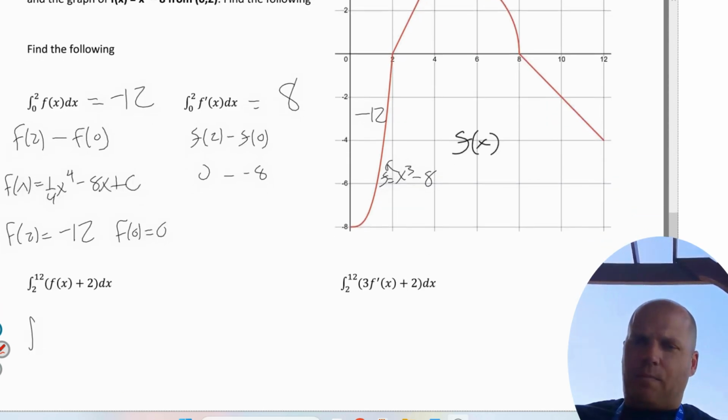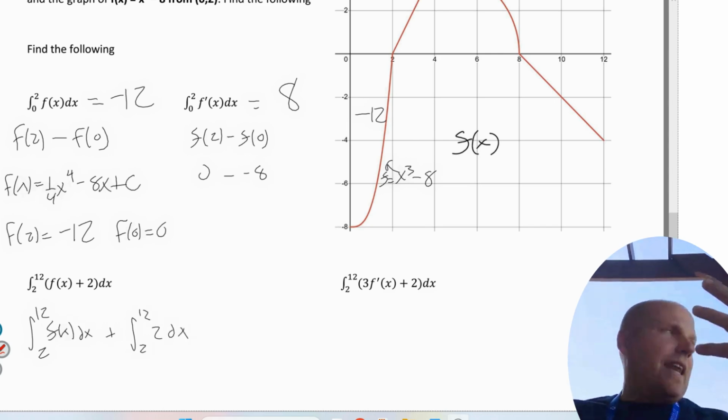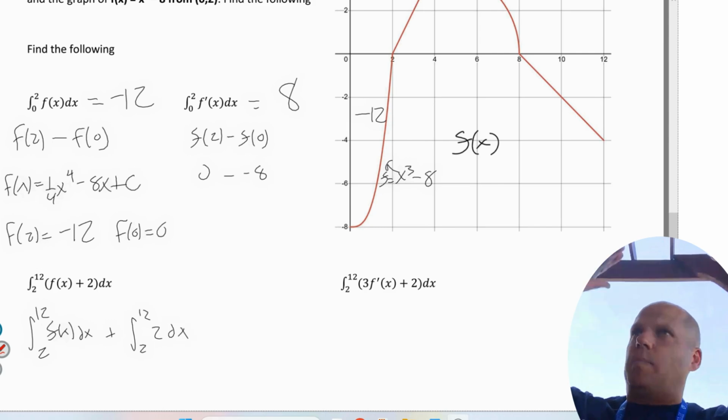Now, the next important thing to remember is if you can use geometry to accumulate, if you're just adding numbers, you're not going to be adding that number to the accumulation. Instead, by separating it, you can see adding 2. If you shift everything up 2, you're adding a rectangle worth of area.